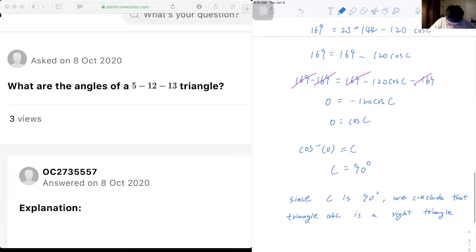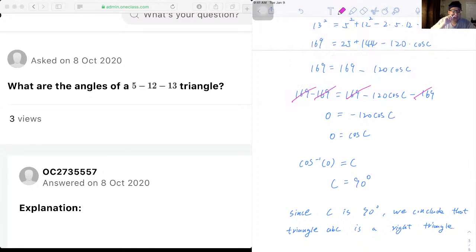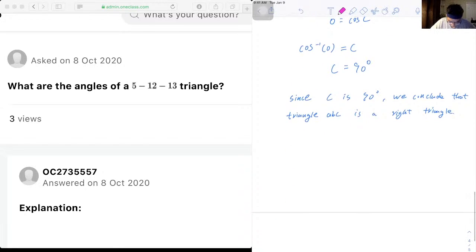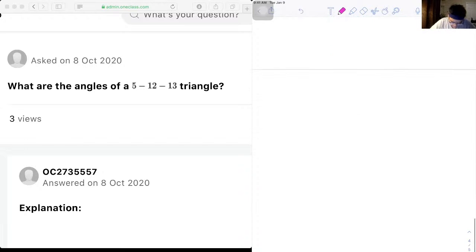Okay, let me change the color. Okay, so now we figured out the angle for C. Then let's solve for angle A.